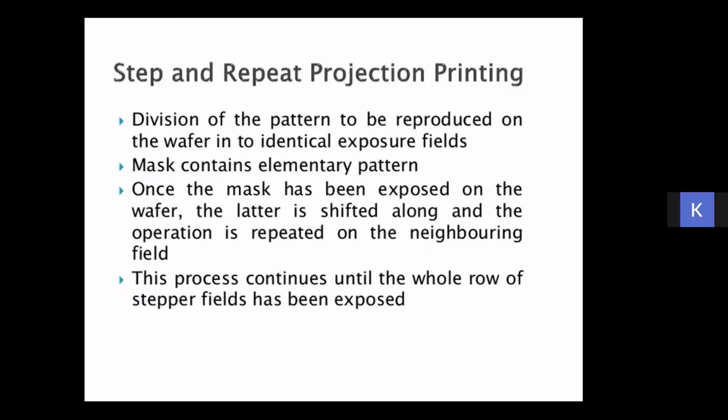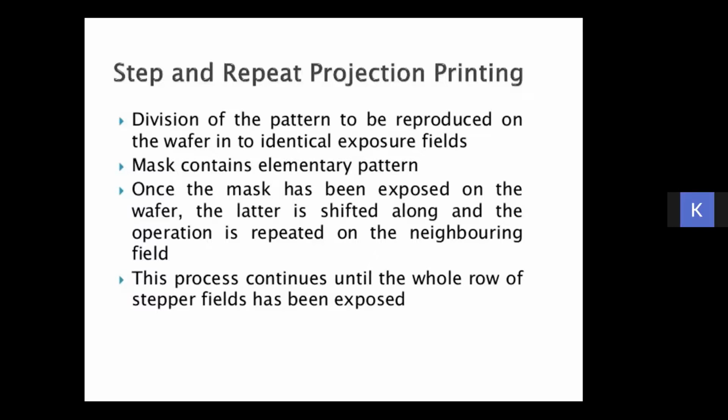So you expose a small region of the wafer, and after this is exposed, you shift the wafer or the exposed region, and then you repeat that process in the neighborhood region.